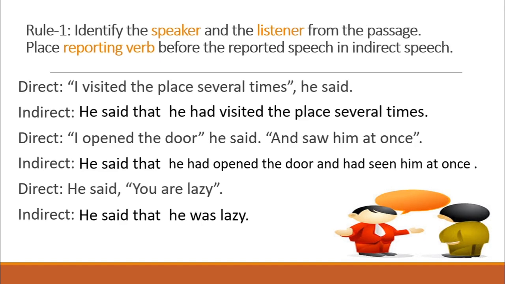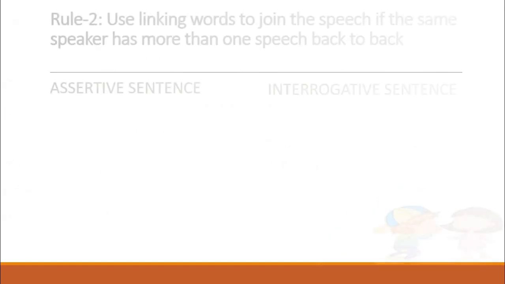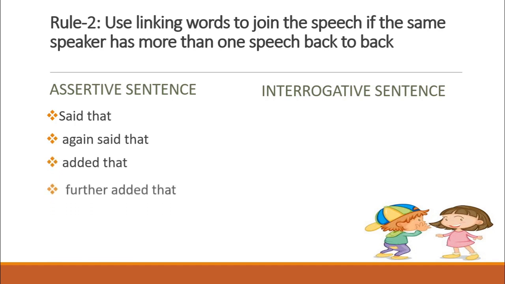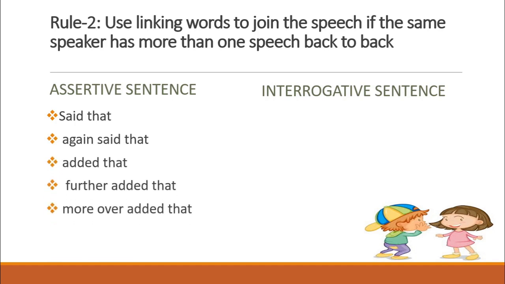Let's move to rule number 2. Rule number 2 is to use linking words to join the speech if the same speaker has more than one speech back to back. In an assertive sentence you can use: said that, again said that, added that, further added that, moreover added that, again added that.